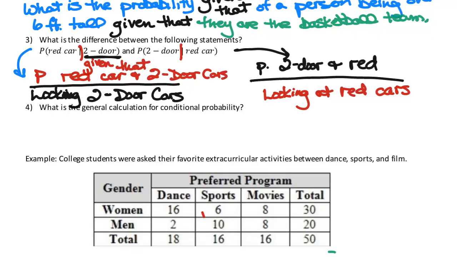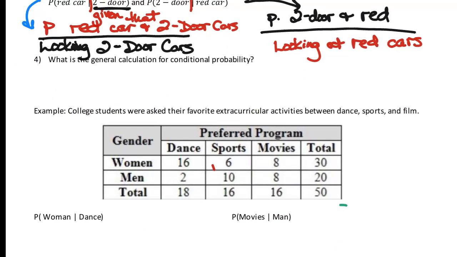Okay. Conditional probability. This is how you find conditional probability. The probability of A given that B, and this is what, oh my gosh, I just forgot his name. The basketball star at the very beginning, the probability commercial, LeBron.